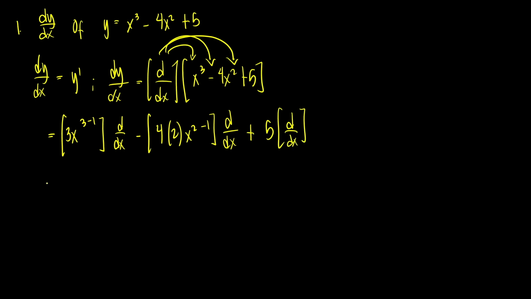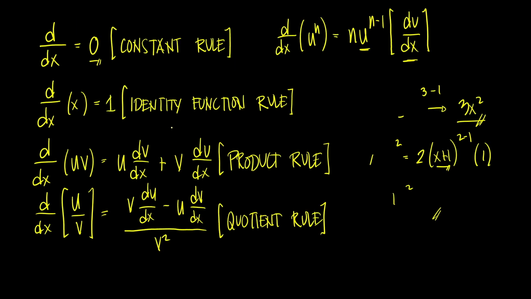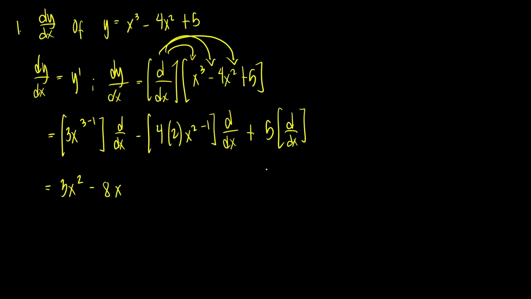So here, remember the power rule. This equals, 2 times 4 we have 8, and x to the 2 minus 1, we have 1, or you can just put x there. And we have the constant rule, the 5. 5 is a constant, therefore it should be 0. So you would have 3x squared minus 8x.